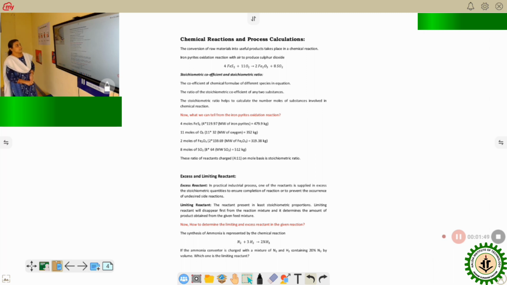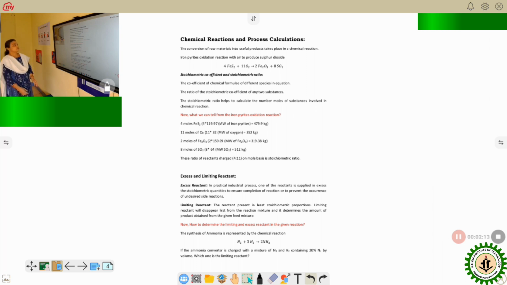Say, for example, the oxidation of iron pyrites with air to produce sulfur dioxide. Here we have written the balanced chemical reaction for FeS2, iron pyrites: 4 FeS2 plus 11 O2 gives 2 Fe2O3 plus 8 SO2.